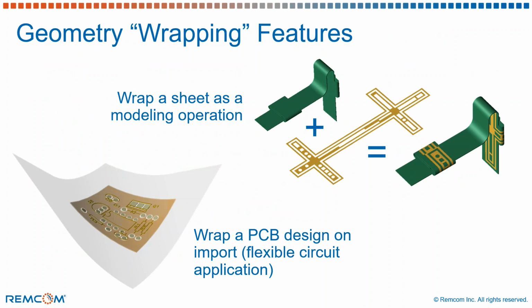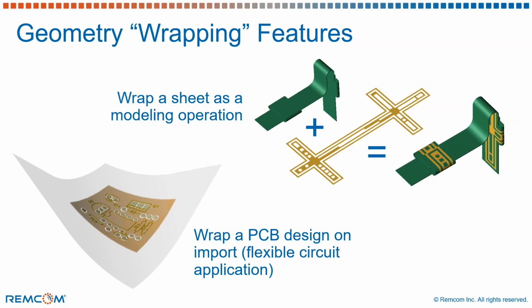Now, moving on to the major feature for this release, we've added two new geometry wrapping features. Wrapping is taking one part and conformally mapping it onto another part. An area where this is a big deal would be conformal antennas or flexible circuits. So we've actually implemented two features here.